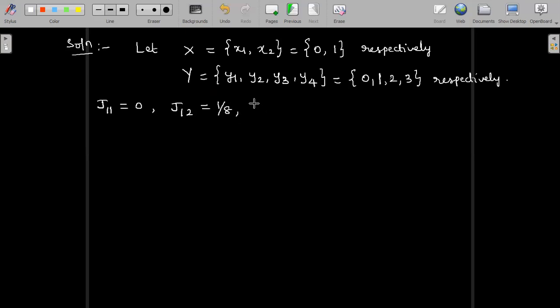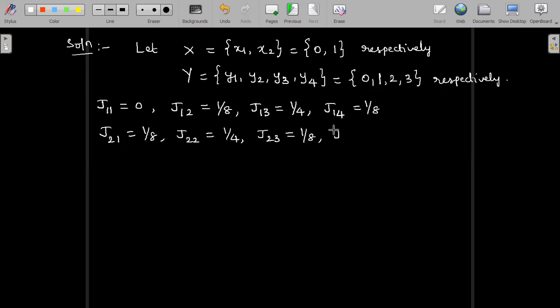J12 is 1 by 8, J13 is 1 by 4, J14 is 1 by 8, and similarly we have J21 which is 1 by 8, J22 1 by 4, J23 1 by 8 and J24 0. So we have written J values from the joint probability distribution table.